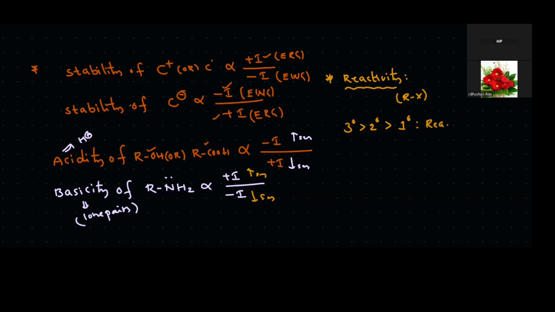The stability order is primary greater than secondary, and secondary greater than tertiary. So stability and reactivity are always inversely related. This formula is also important.